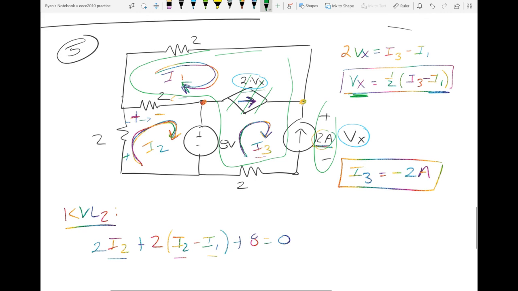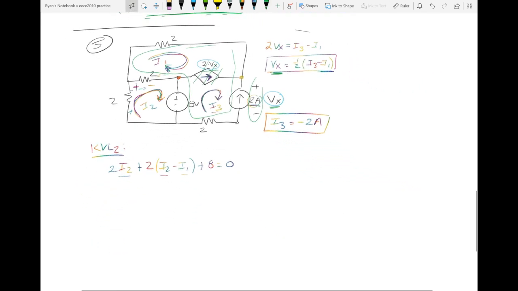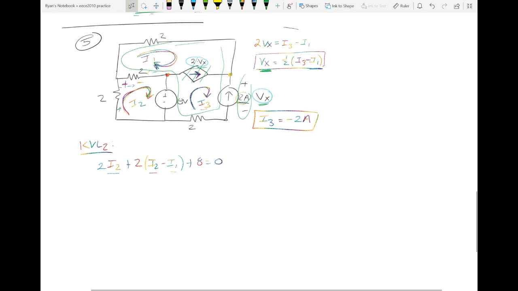So because this dependent source is dependent on this voltage, and it also dictates what the currents are, you can do a super mesh with Vx in it. So this problem's a little weird because of that. You know, normally you try to avoid having current sources in your meshes, but it's okay in this case.